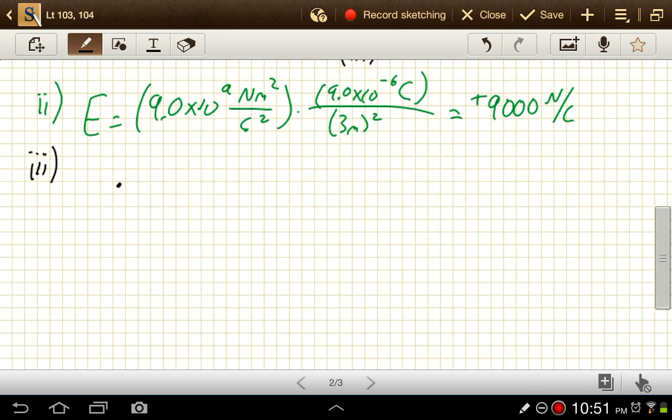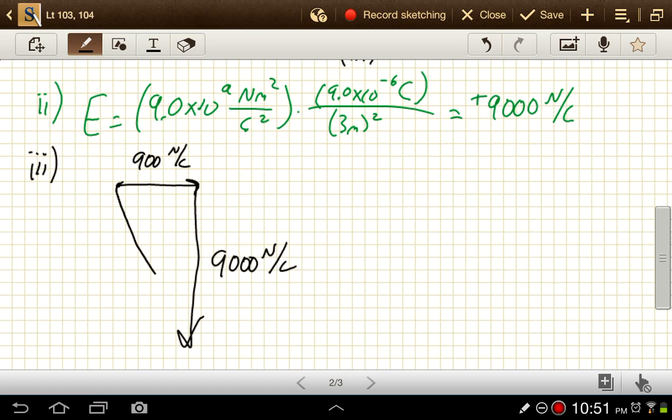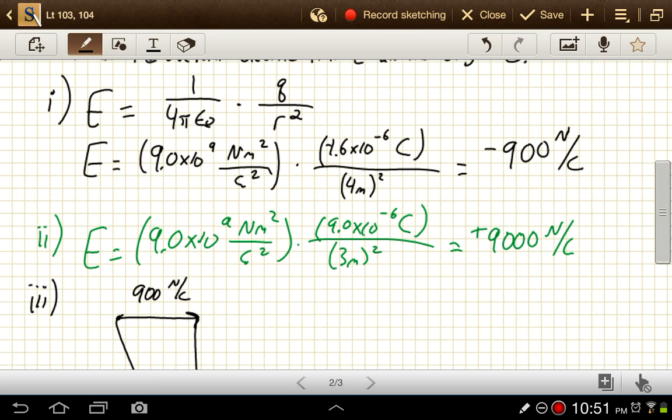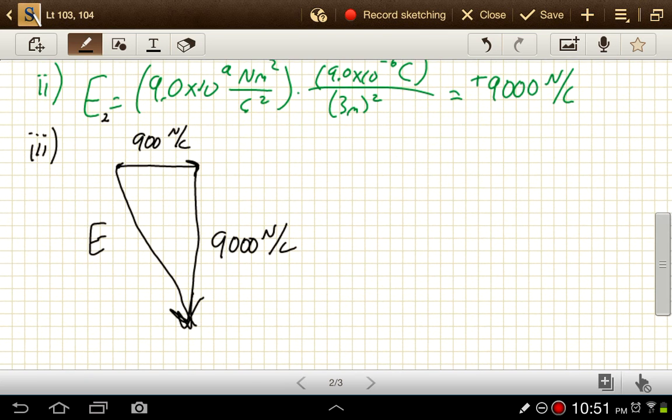So we've got to the right 900 newtons per coulomb, and then downward we've got 9,000 newtons per coulomb. So our overall electric field is going to be down like this. I suppose I should have labeled this E1 and E2. And this one is just E. That's how the problem was set. And then some angle theta.